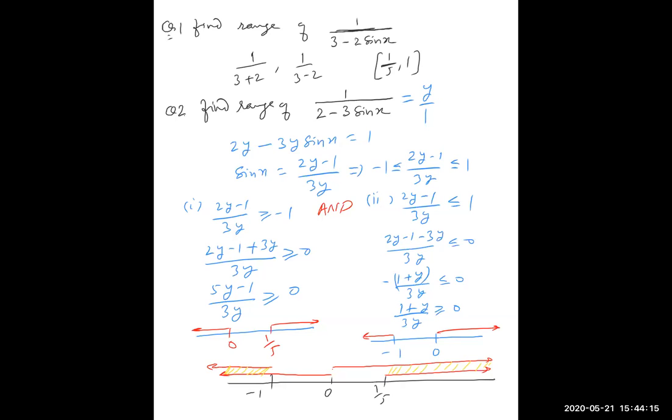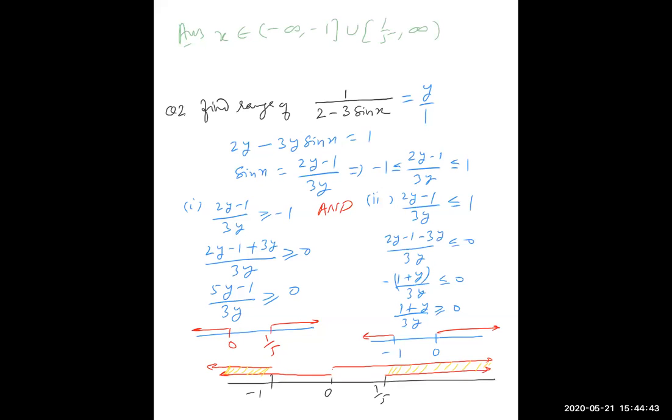So the final answer for this, I am writing, x belongs to minus infinity to minus 1 union 1 upon 5 to infinity. Both are included here. Only 0 is excluded. This is the answer.